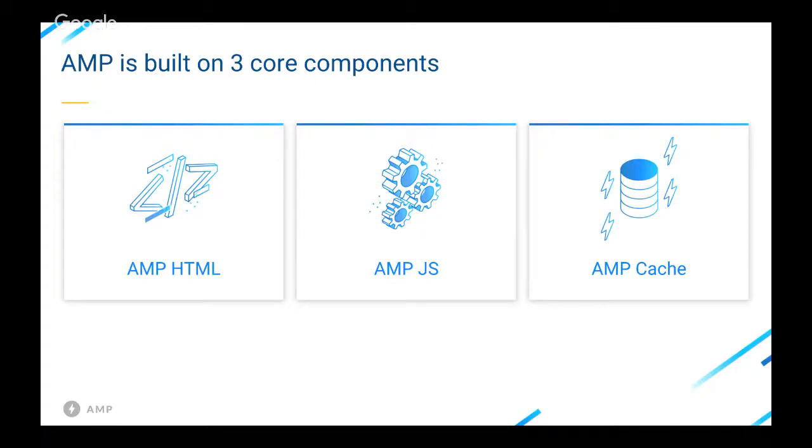You're not tapping into anything that you could potentially break, but you're basically building a standalone page. And I think that is the beauty of it, that you speed up your site, yet you leave the core code of your site basically untouched, and you just add some canonicals so that we understand there's an AMP page to this HTML page, and vice versa.